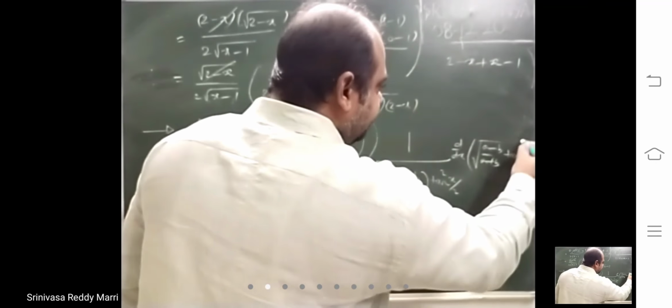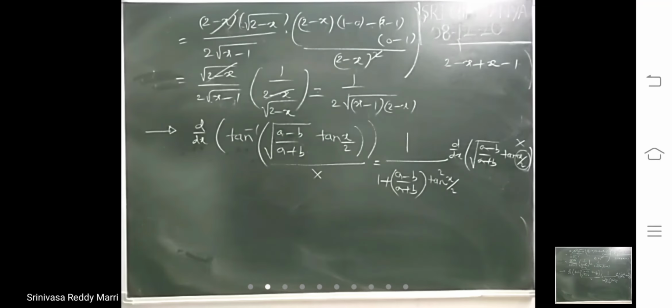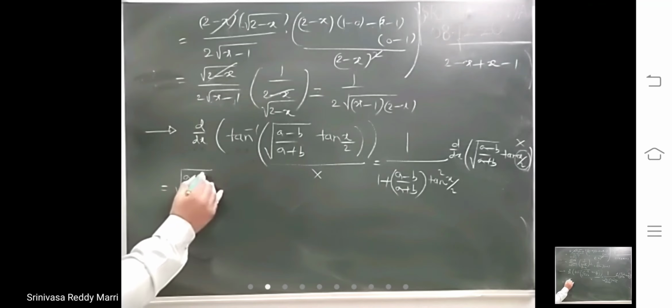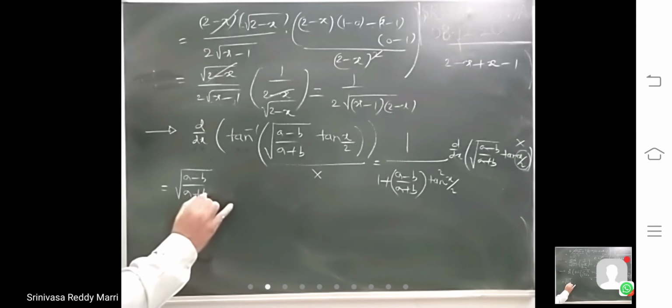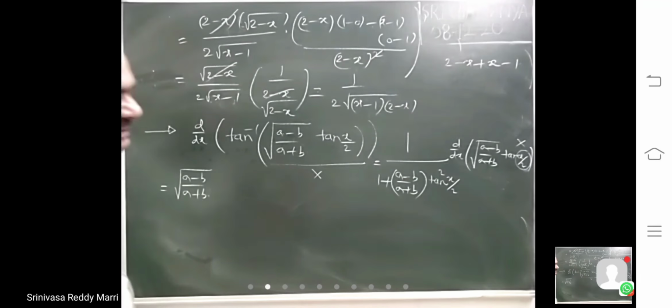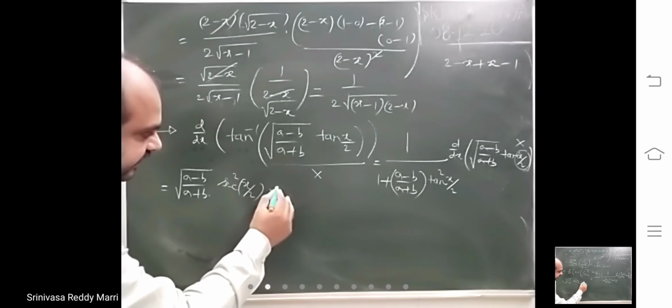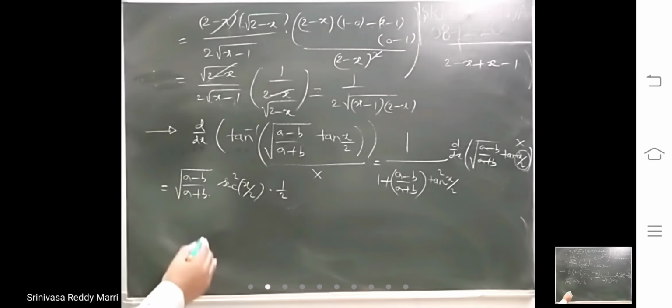So the derivative of tan x by 2 is secant square x by 2 into d by dx of x by 2. D by dx of x by 2 is what? 1 by 2.